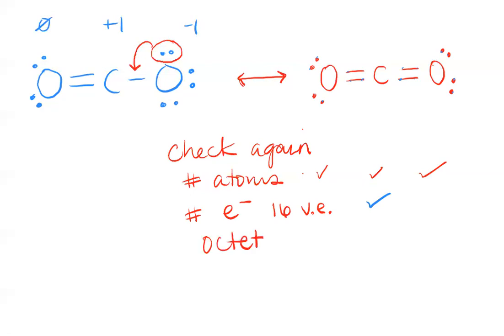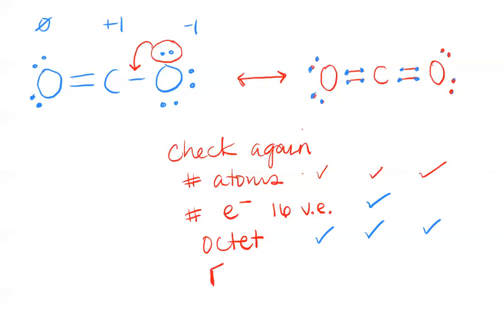Okay, I'm going to check the octet for every single atom. My oxygen has 1, 2, 3, 4, 5, 6, 7, 8. So octet fulfilled. My carbon has 1, 2, 3, 4, 5, 6, 7, 8. So octet fulfilled. And that last oxygen also has 8 electrons.